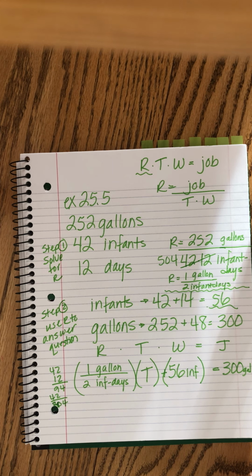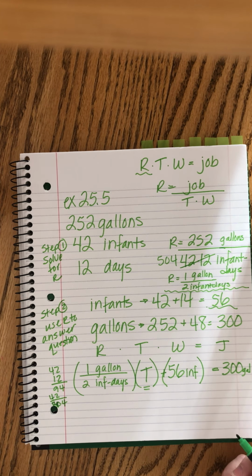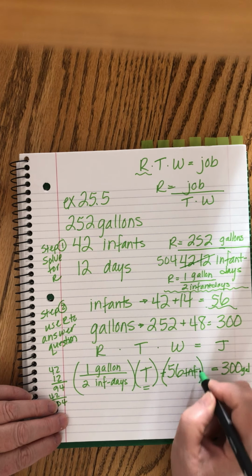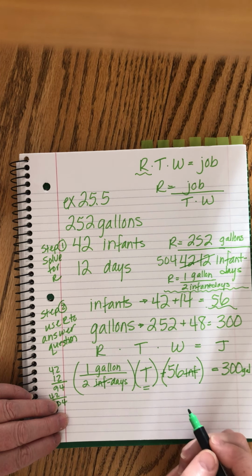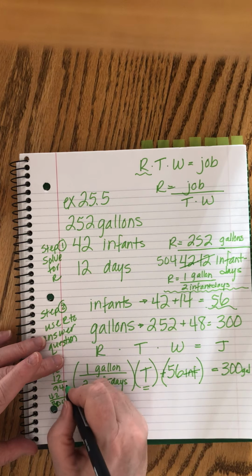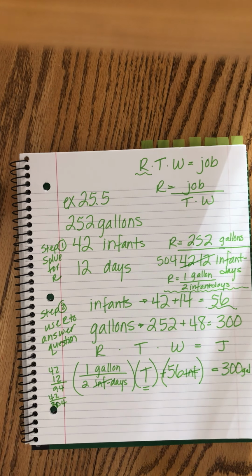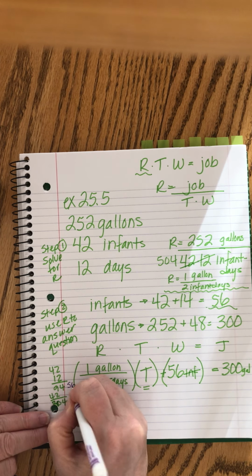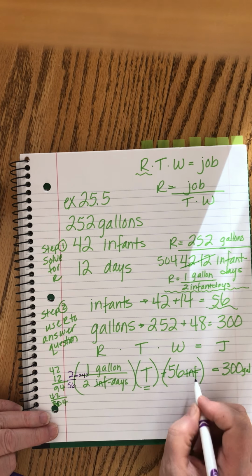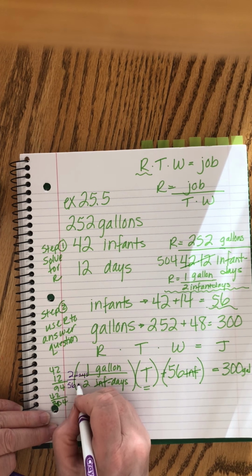Holy Moses, right? Okay, so now we want to get t by itself, right? That's our job. So we see that what we're going to want to do, we can cancel this infant against this infant, and we'll multiply by the reciprocal, which will want 56 on the bottom, right? Because we want to cancel it against that. And we'll want 2 days on the top. And then we want gallons on the bottom.